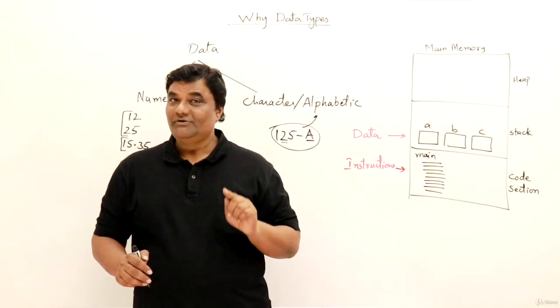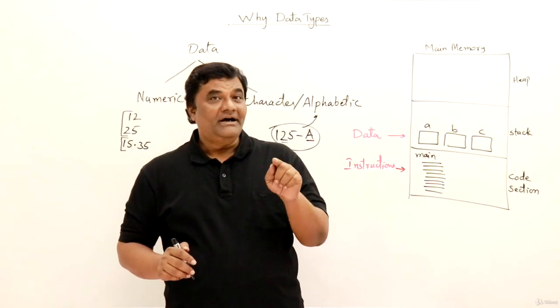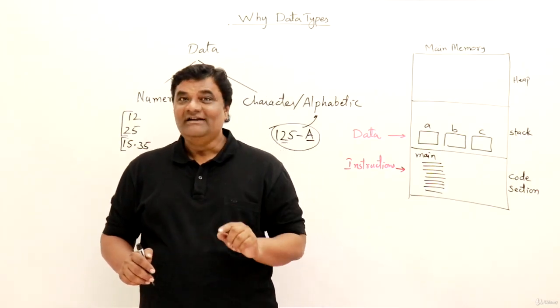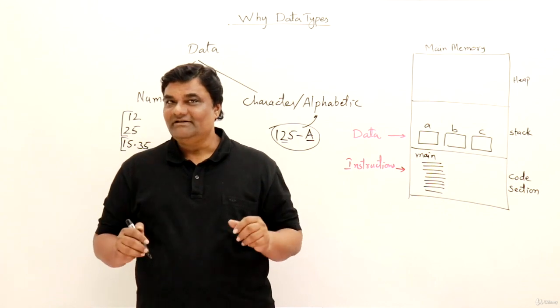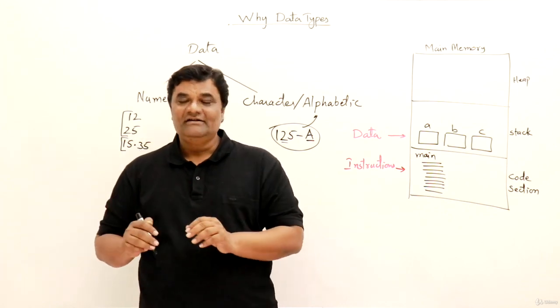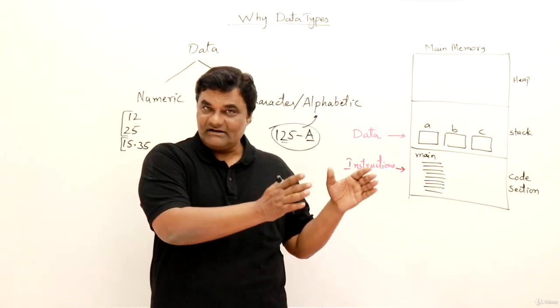But when it comes to computers, remember that a number has to be represented in binary form, right? Then how do you represent a decimal? So it's a problem, and it has to be handled specially. So numbers without decimals are different and numbers with decimals are different.